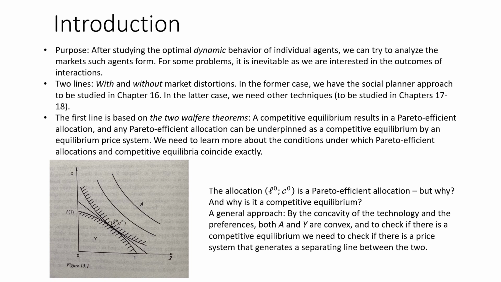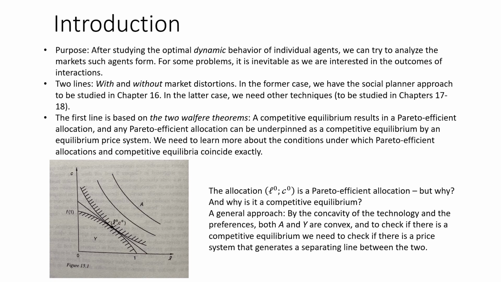This figure comes from the textbook. This is figure 15.1. This is about a single agent that tries to optimize on the consumption of leisure time and consumption. And we have two convex sets, set Y and set A. The lines in set A are the indifference curves, and set Y describes the technological possibilities.